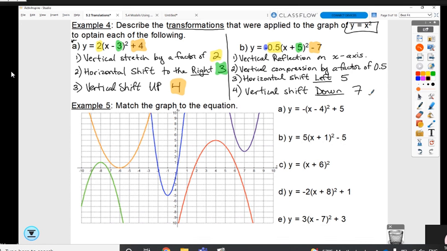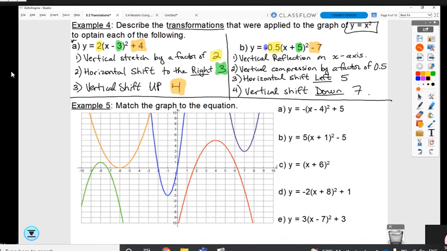Now they want us to match the graphs to the equations. That's example 5, just beneath here. Match the graph to the equations. Now, this can be a little bit tricky. You got to be very, very cautious. The beautiful thing about this new form called vertex form is that you can pull out the vertex almost immediately, and based on the A value, you know whether it's opening up or down.